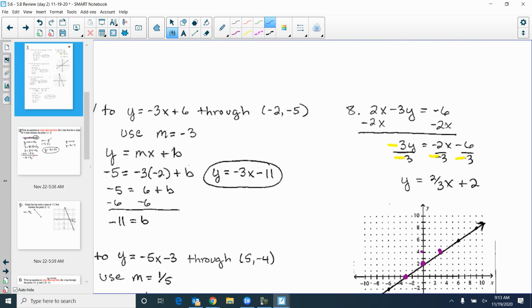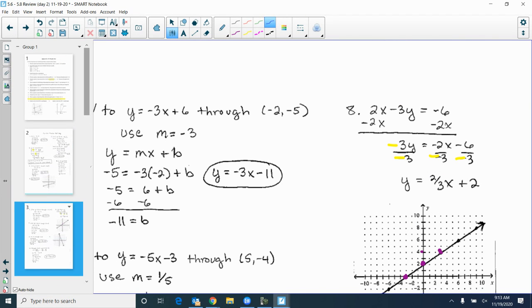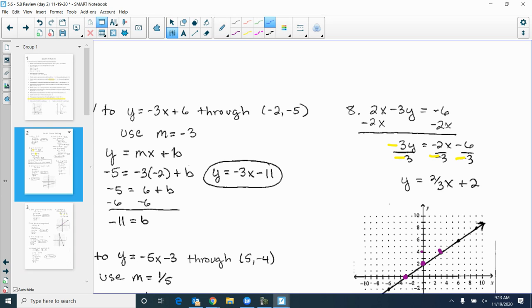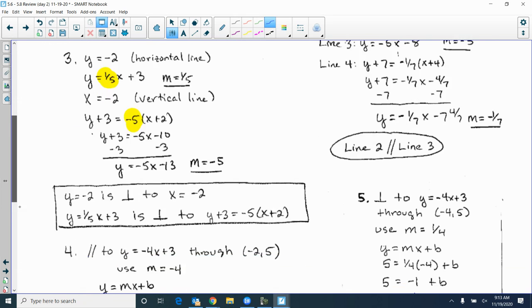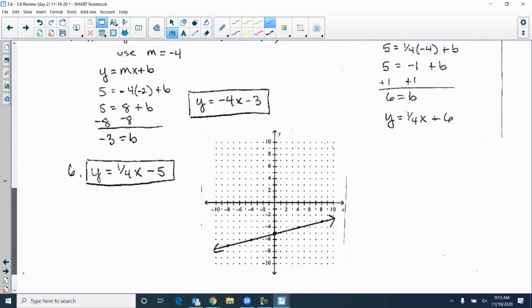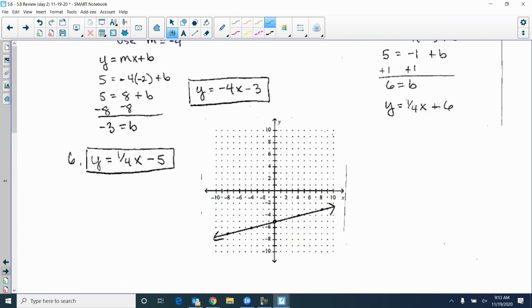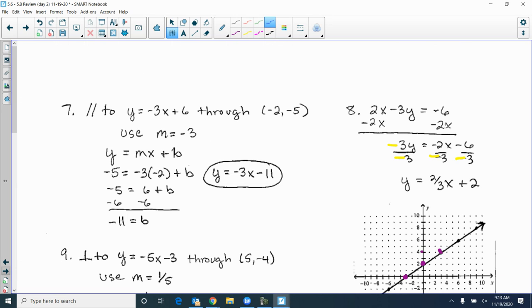So you should have all the answers, and here's how you practice: you just redo the problems until you get them right. And I got all the work here, 1, 2, 3, 4, 5, 6. So you can go back and look it over. I will put that on Canvas.